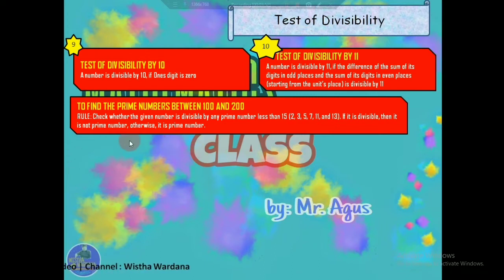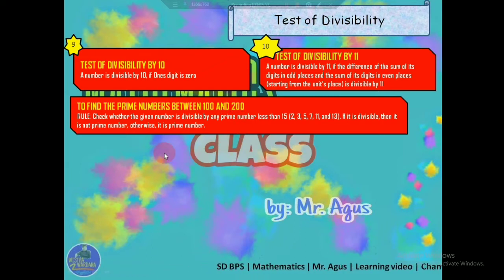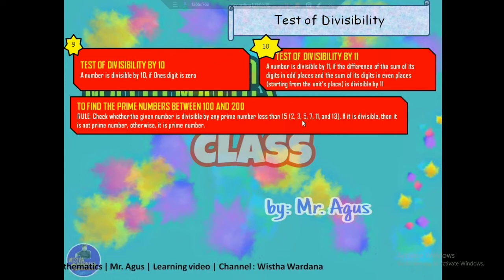So, to find the prime numbers between 100 and 200, you can check the given number using the divisibility tests for 2, 3, 5, 7, 11, and 13. If it is divisible, then it is not a prime number; otherwise, it is a prime number.